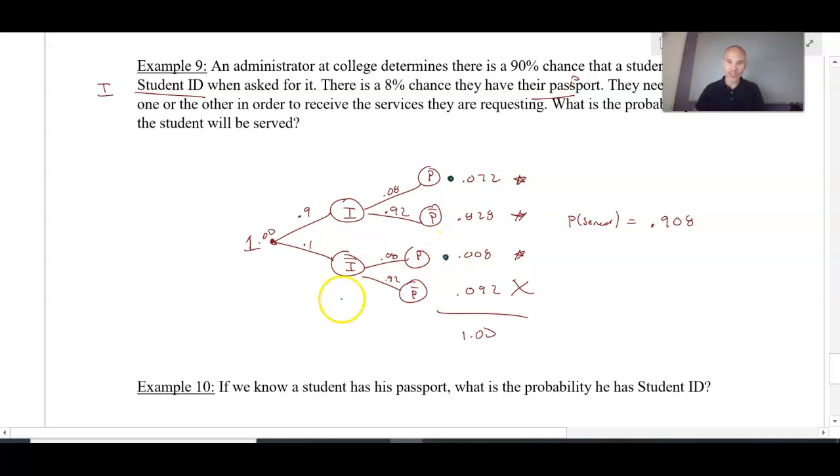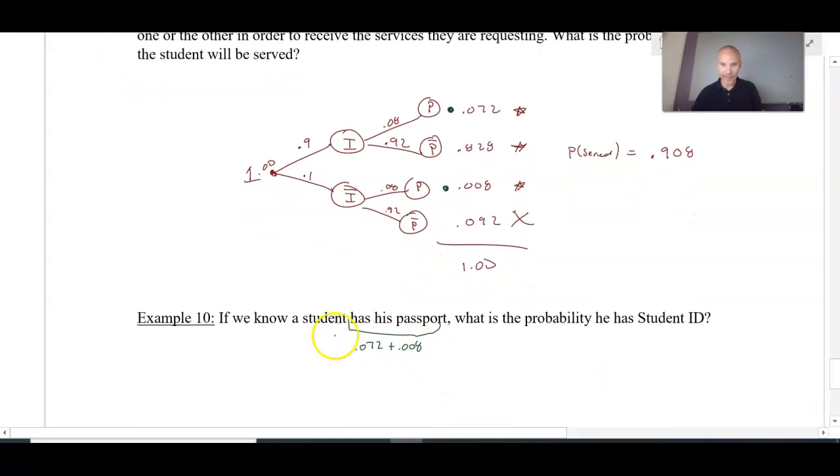So that is out of the 0.072 plus 0.008, which equals 0.08, or 8% of students have their passport.